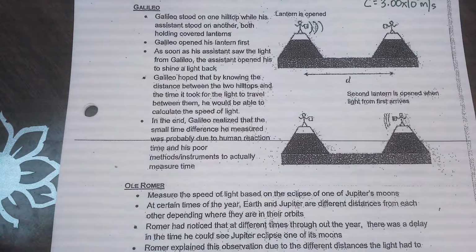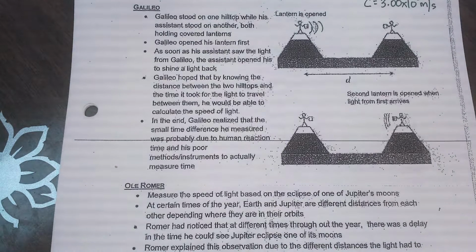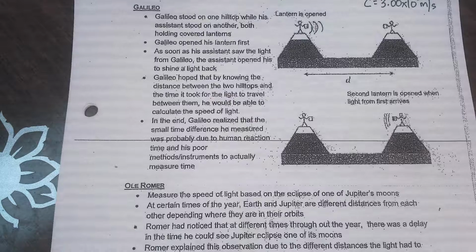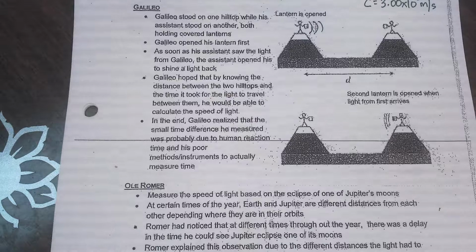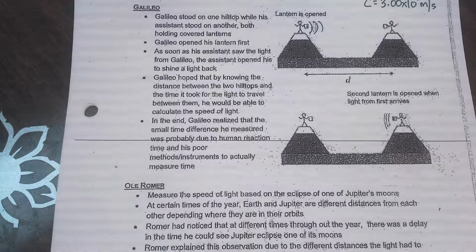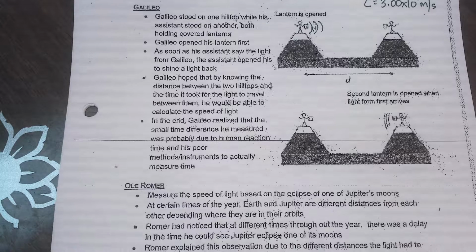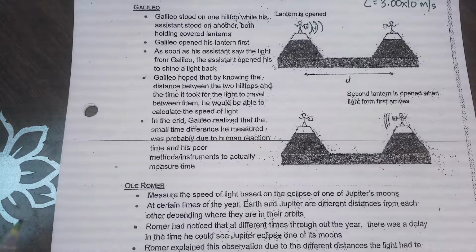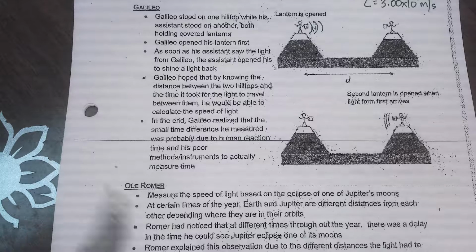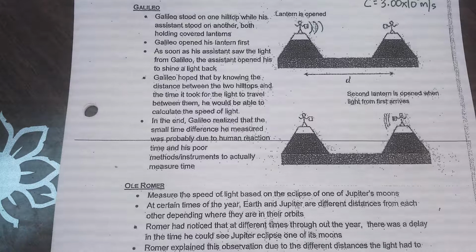Galileo thought along the same concept as triangulation. If he knew the distance between the two lamps, then he could measure the time from when he flashed it to when his assistant flashed him back, and figure out the speed of light.